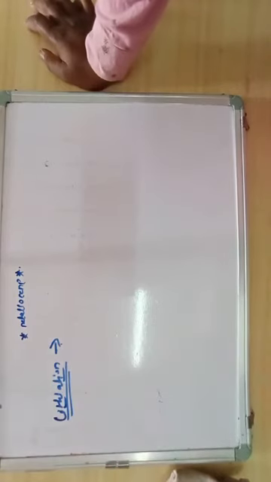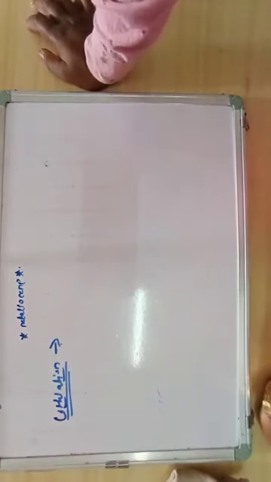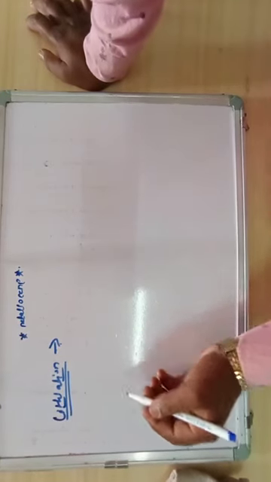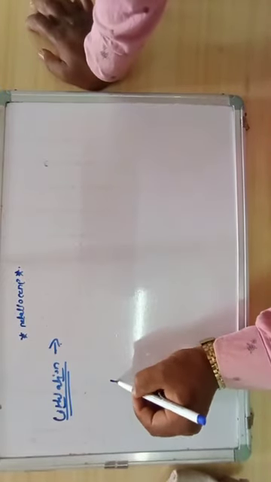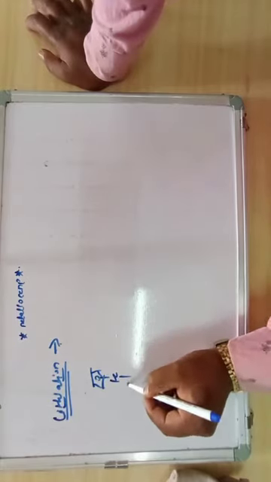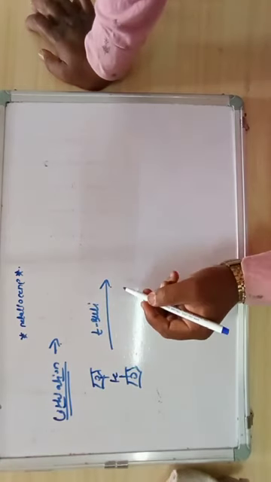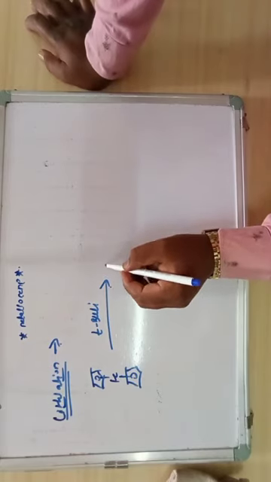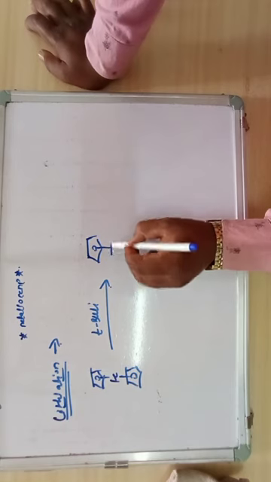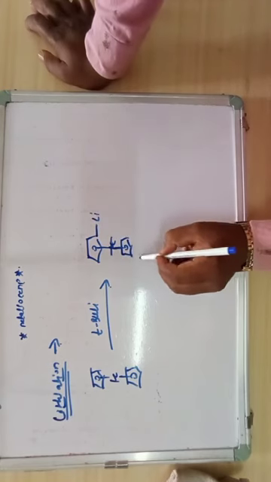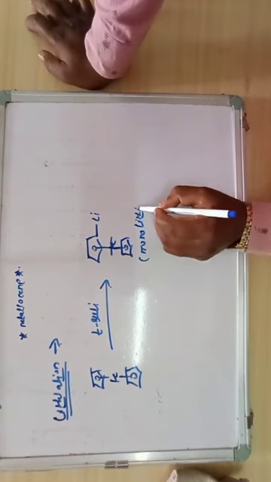What is this lithiation? The introduction of a metal atom to the cyclopentadiene ring is known as a lithiation reaction. Generally ferrocene, in the presence of tertiary butyl lithium, will undergo monolithiation.